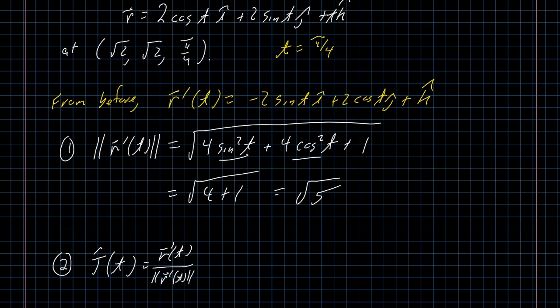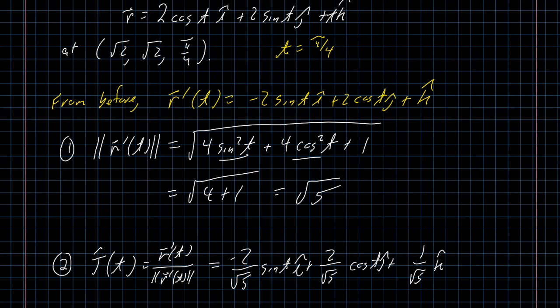All right, so now that we have that, we want to take our vector valued function and divide by its own magnitude, which is going to have components -2 over the square root of 5 times the sine of t plus 2 over the square root of 5 times the cosine of t plus 1 over the square root of 5. And I forgot to include my unit vectors because I'm talking faster than I'm writing.